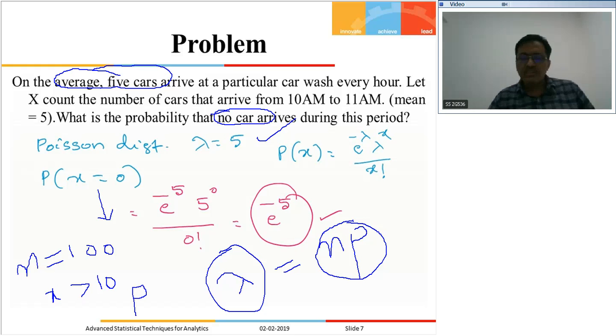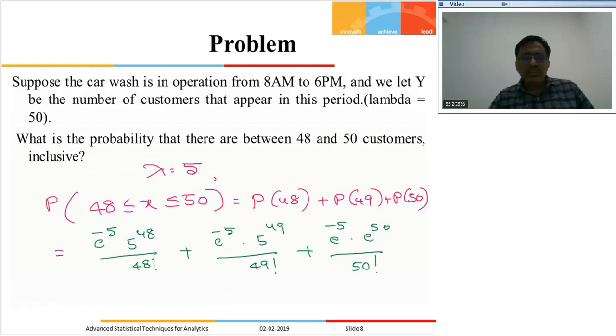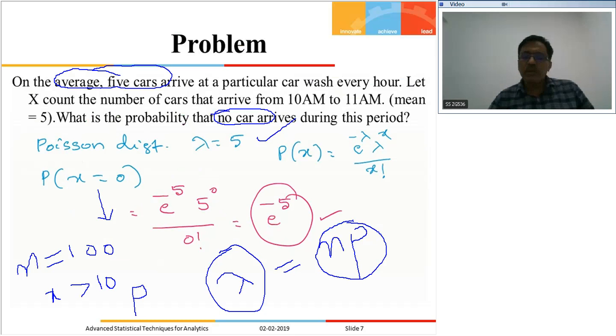Is it clear? Okay. So next is a similar problem. What is the definition for lambda? Lambda is nothing but the parameter which is the mean as well as the variance. This is the parameter of the distribution which they need to provide.